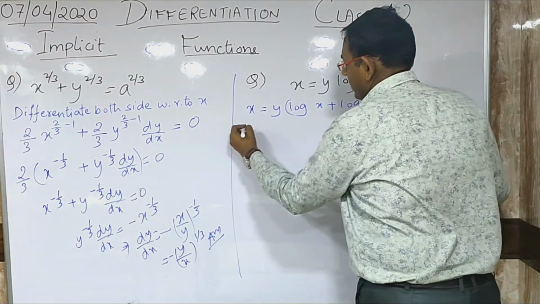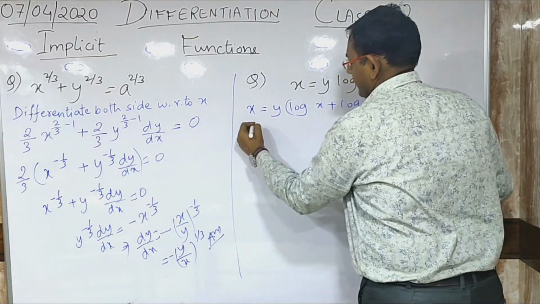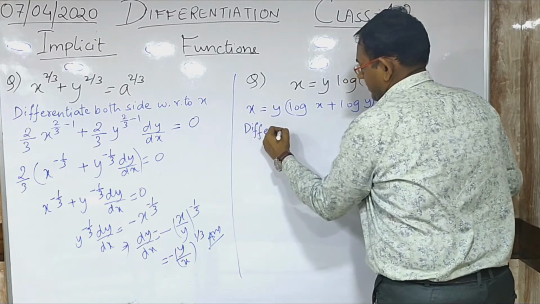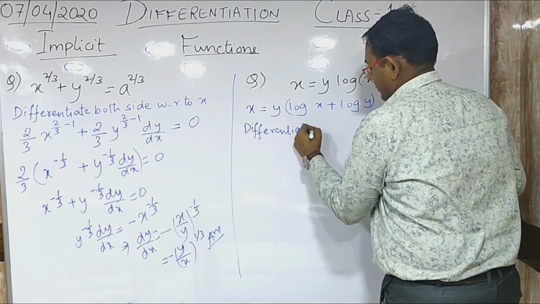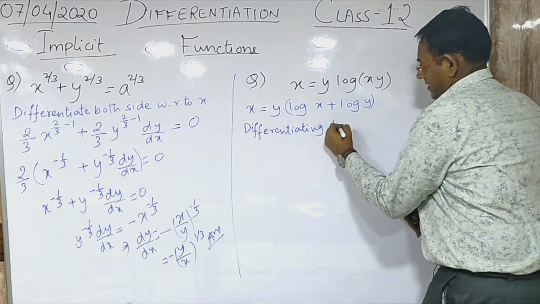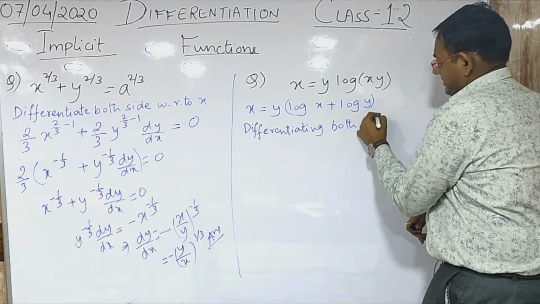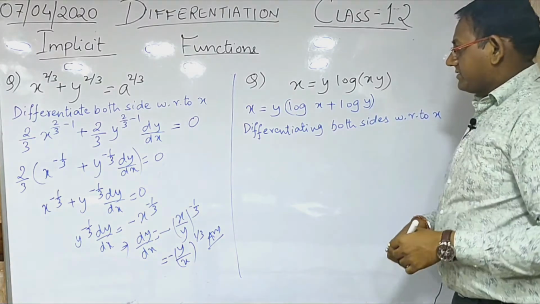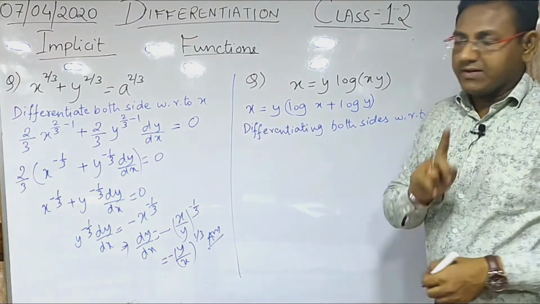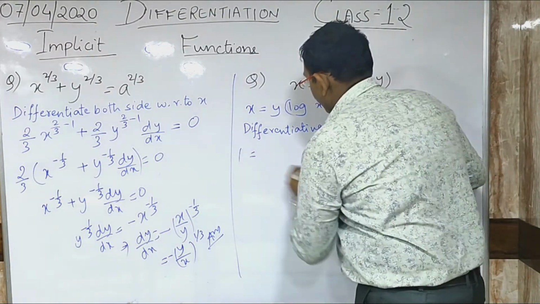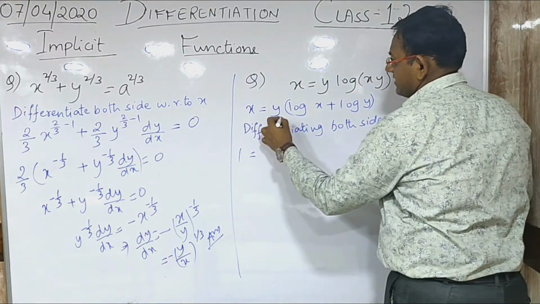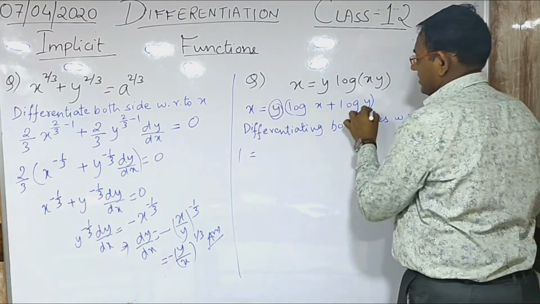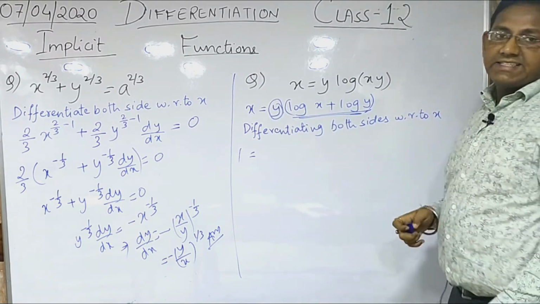Now if we differentiate both sides with respect to x, differentiation of x will give you 1. And over here, we are considering this one to be the first function and this one to be the second function.